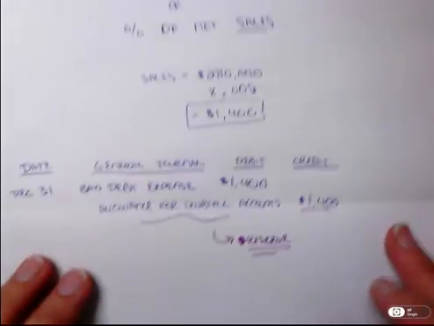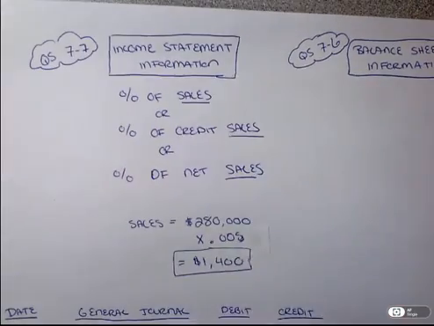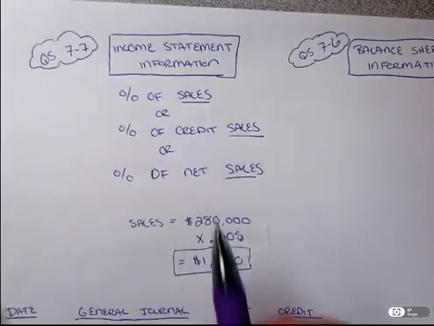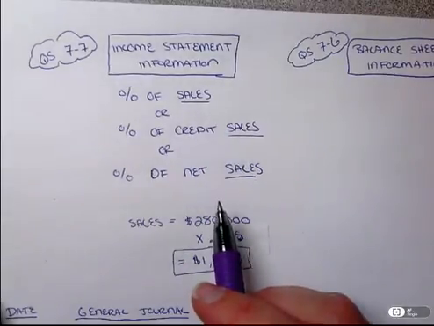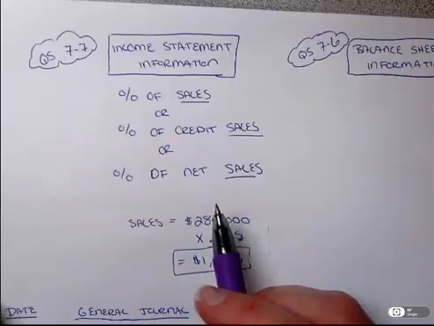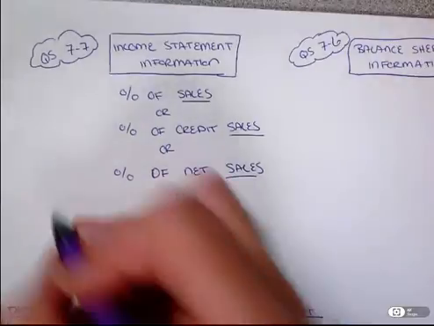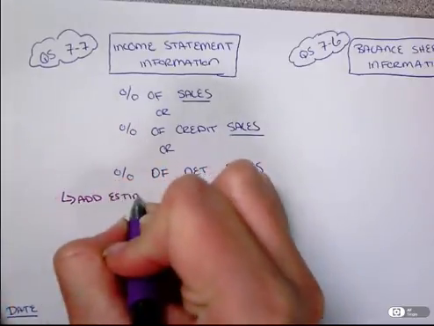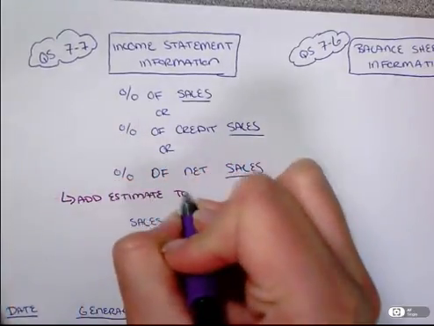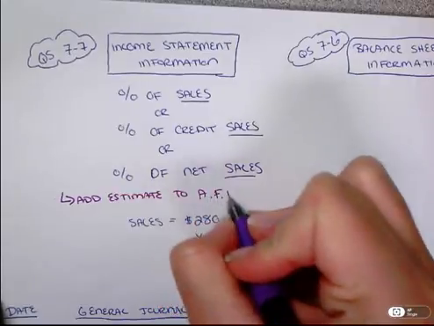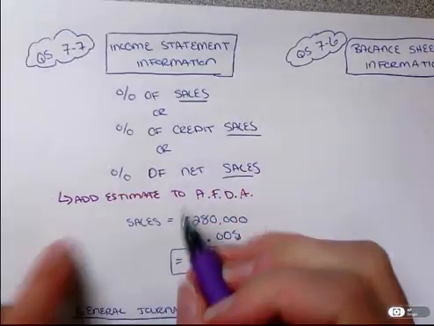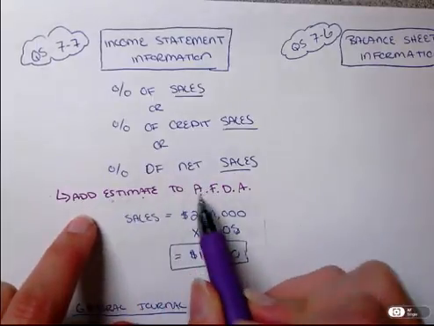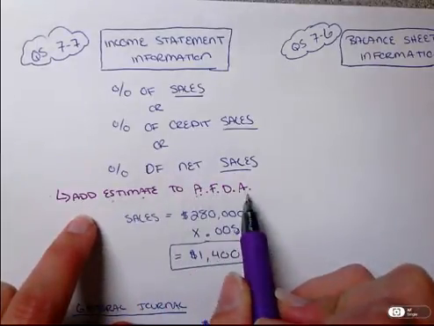So when you use this method, when you're using income statement information, the percent of sales method, the amount that you estimate becomes the addition to the allowance for doubtful accounts. I'm going to abbreviate that. Add the estimate, whatever you come up with, to the allowance for doubtful accounts.